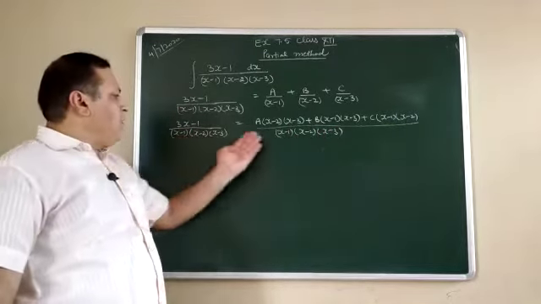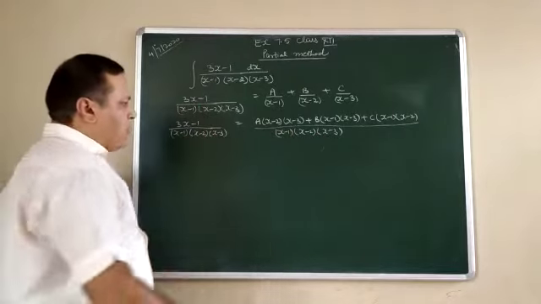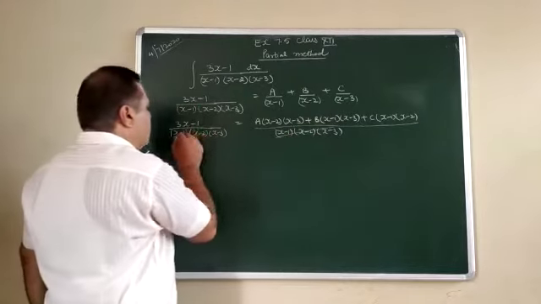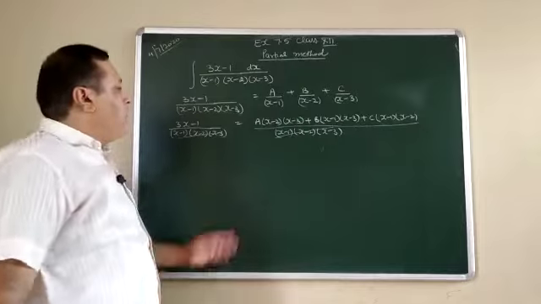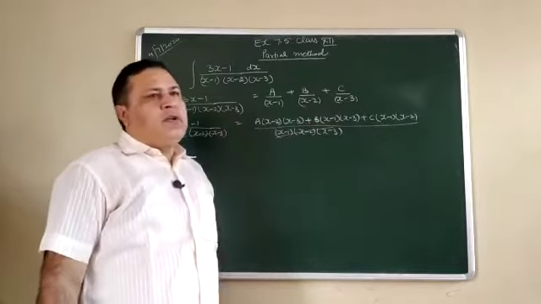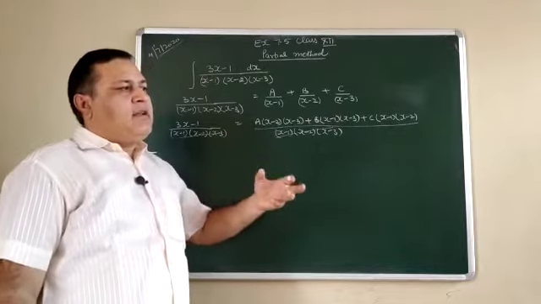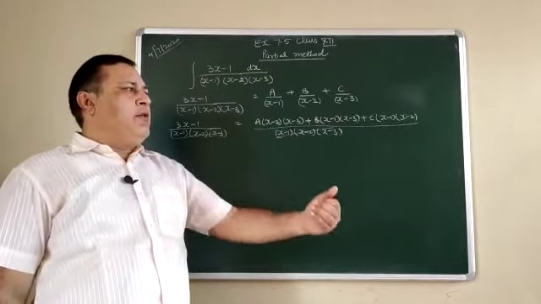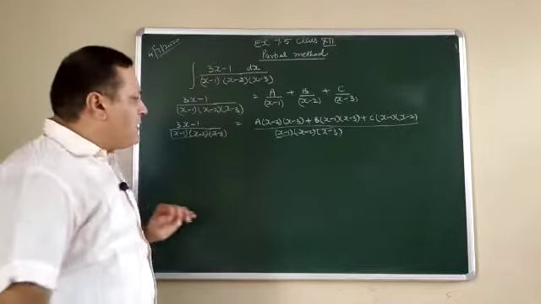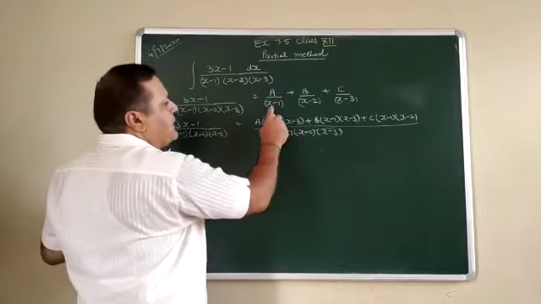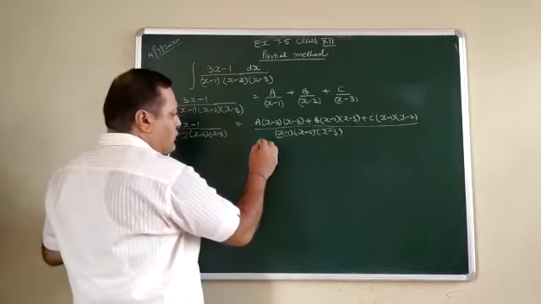Now if you observe, the denominators on both sides are the same, so they get cancelled. Now you can find the values of A, B and C by two different methods. Number 1, by comparing, and second, by substituting any value of x. The best method is to substitute values that make these factors equal to 0.